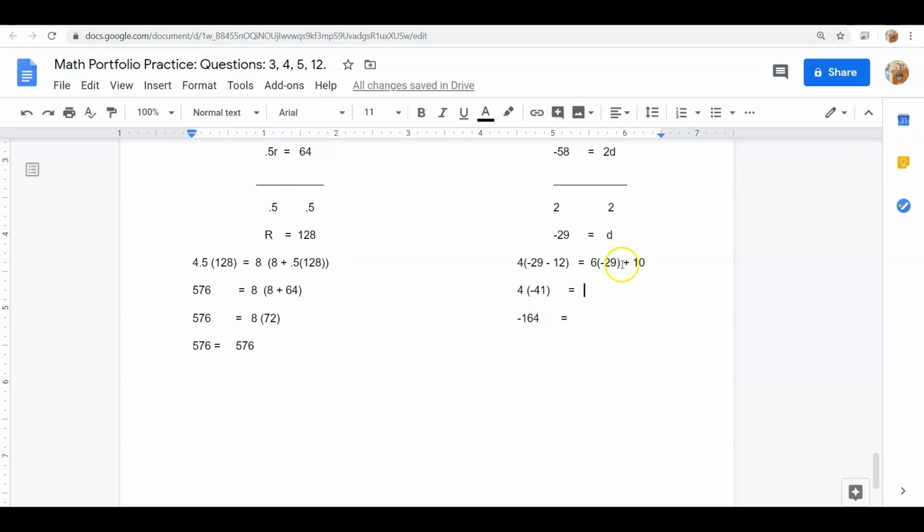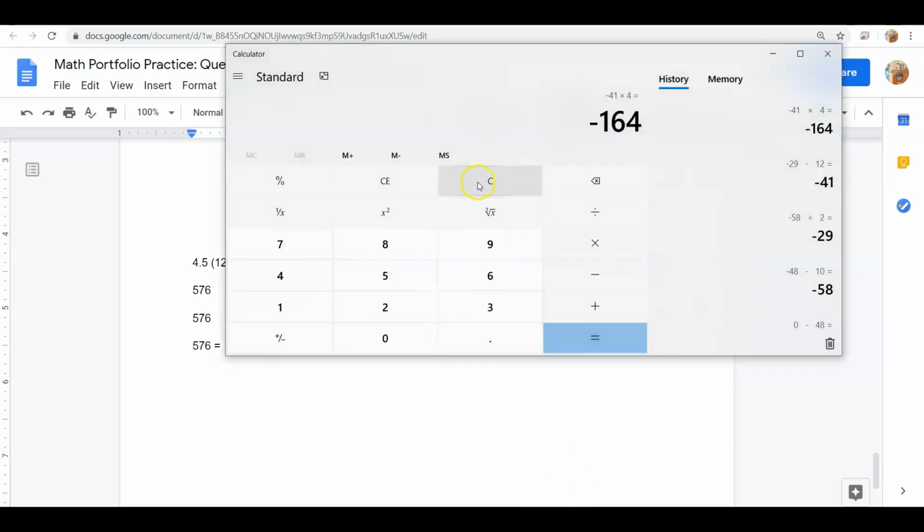So we have parentheses here, but there's nothing inside of it. So this just means that this negative 29 is going to be multiplied by 6. So let's start this over. We need to take 6 times, then you write 29, make it negative.